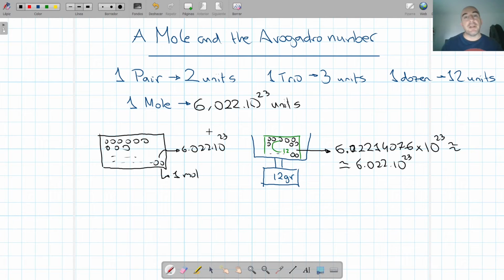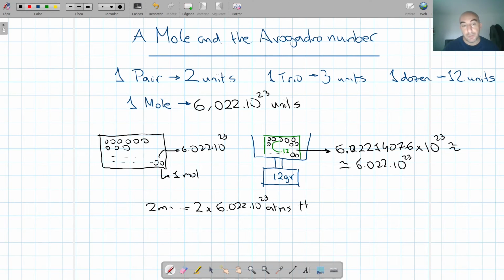Okay. So, for example, if I talk about 2 moles of atoms of hydrogen, I'm talking about 2 times 6.022 times 10 to the power of 23 atoms of hydrogen.